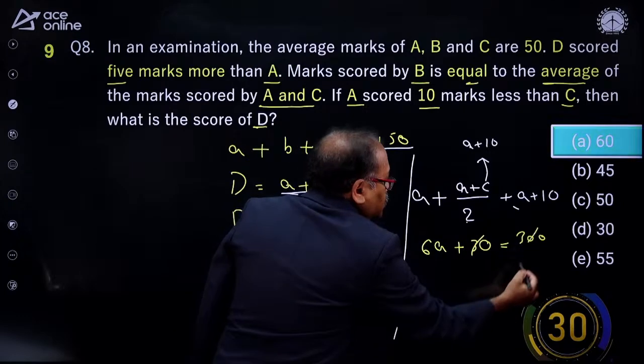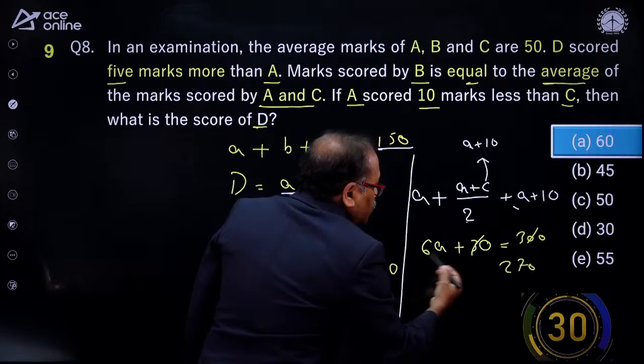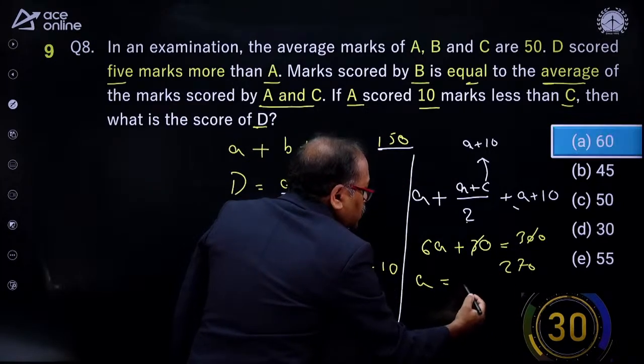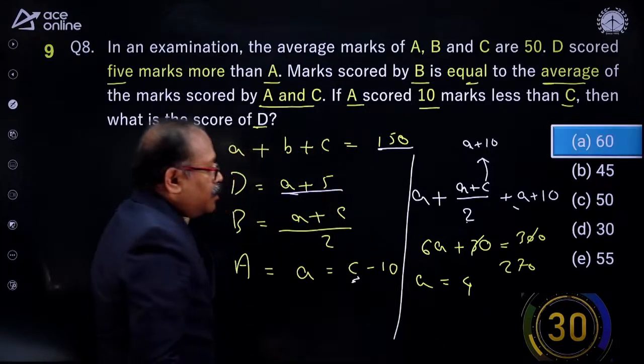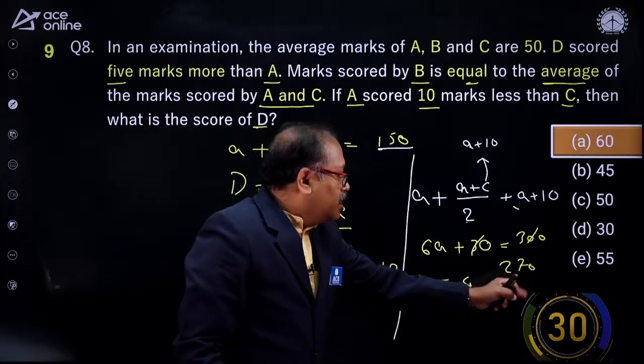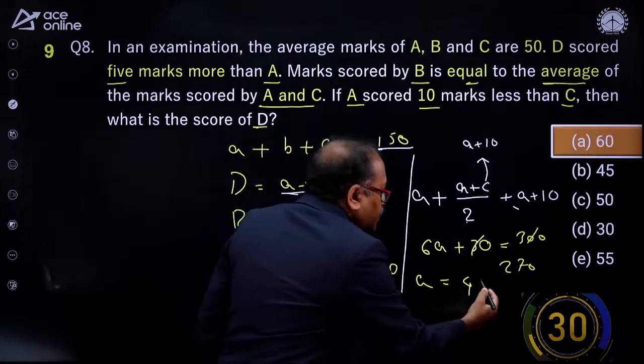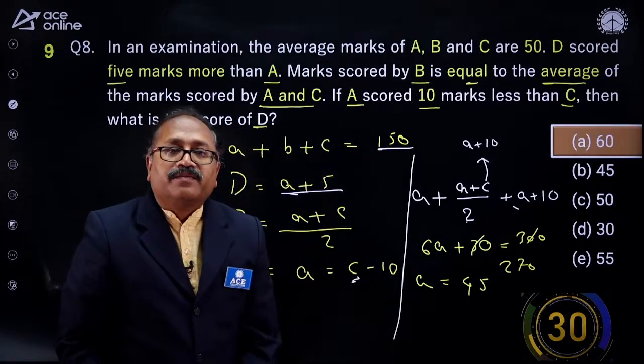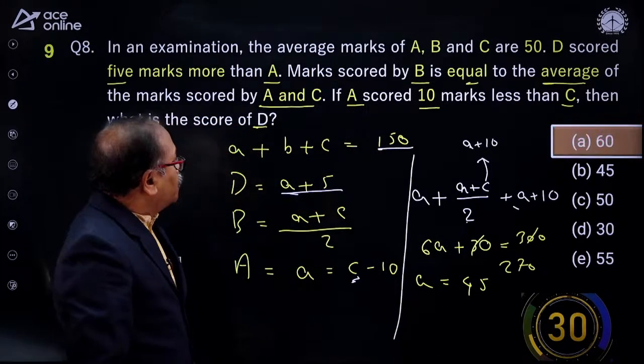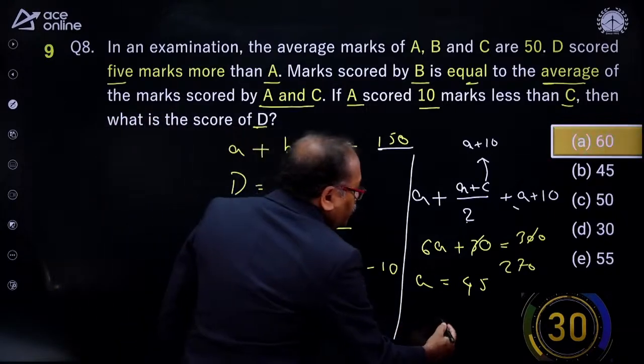So it gets cancelled, 270. So in that case the A will be 6 4 is 24, and 6 5 is 30. A is equal to 45. So if A is equal to 45, A plus 5, it should be 50.